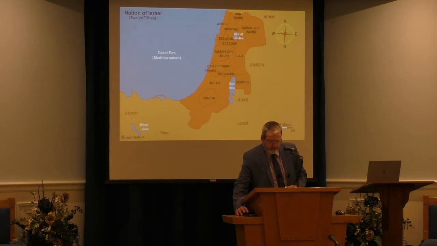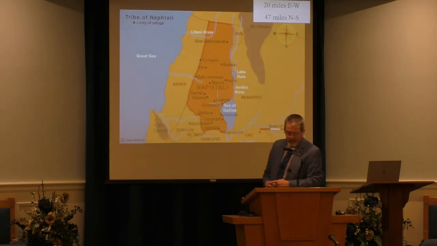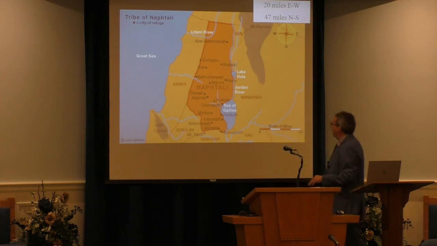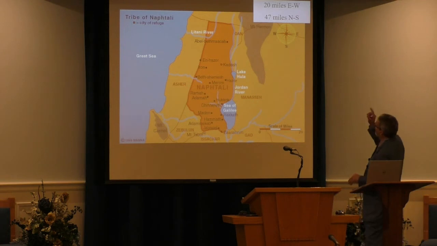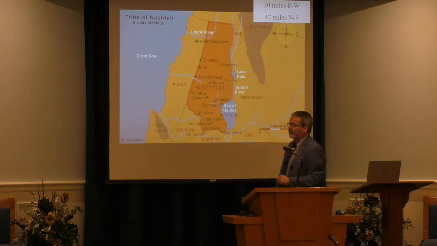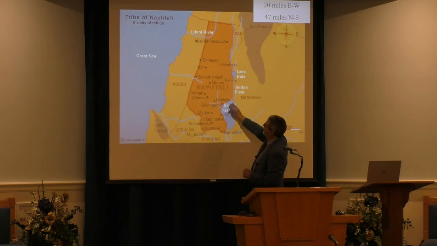So let's go back to Naphtali now. And that's going to be found in verses 32 through 39 if you're keeping up with the verses. It's about 20 miles east and west, 47 miles, not quite as long as Asher. Naphtali is long at nearly 50 miles north and south. And so it was right on the coast, or right on the Sea of Galilee, or the Sea of Chinnereth.